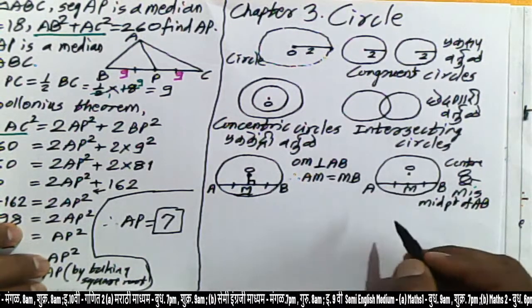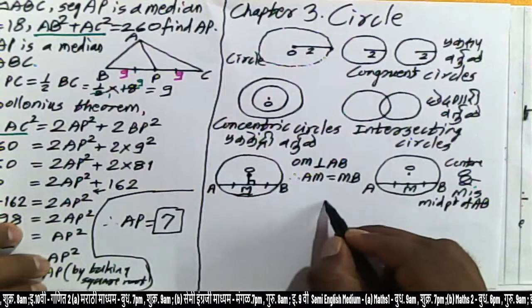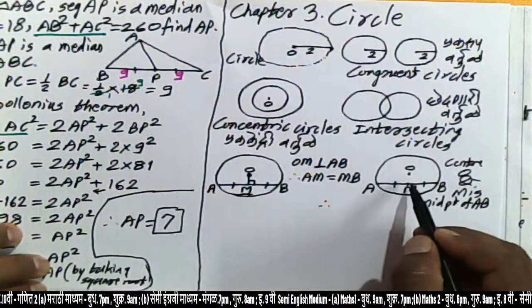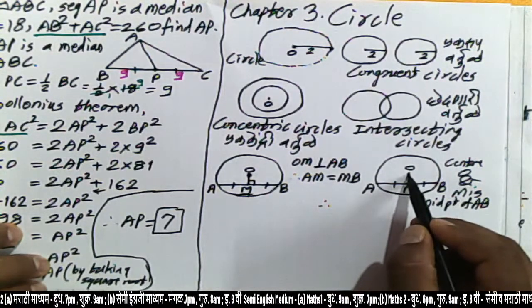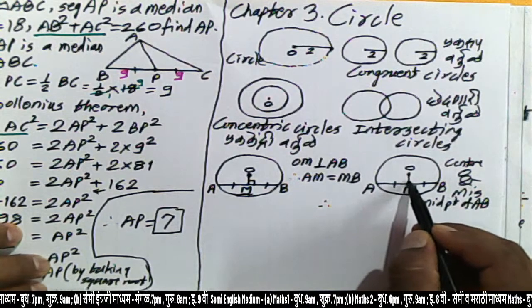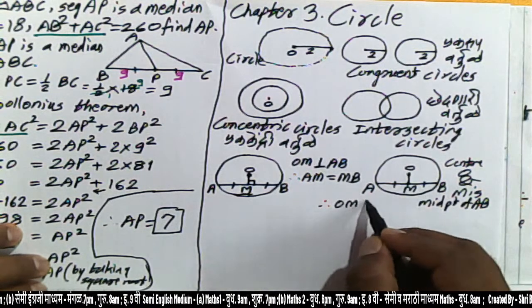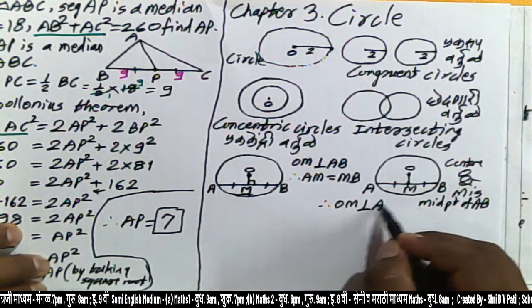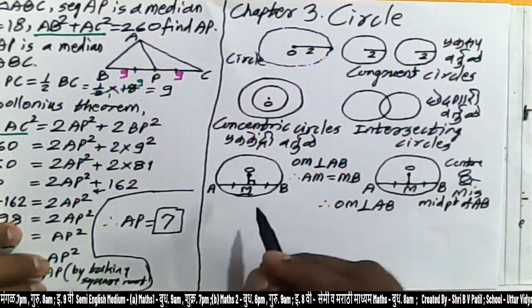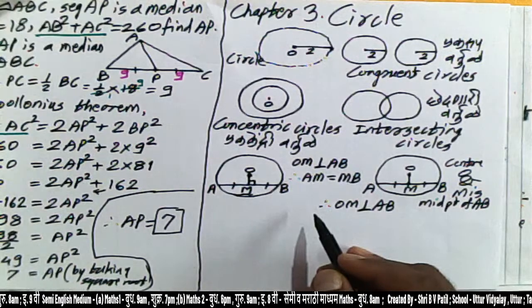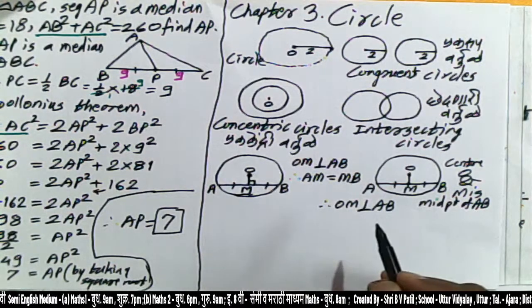Therefore we can say that the segment joining the midpoint and the center is perpendicular to chord AB. These two theorems we studied in 9th standard.